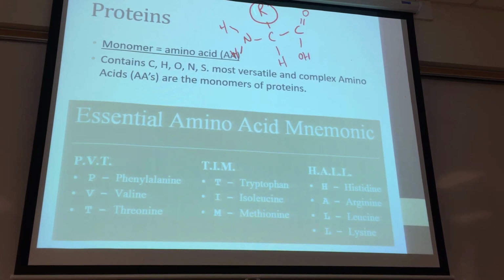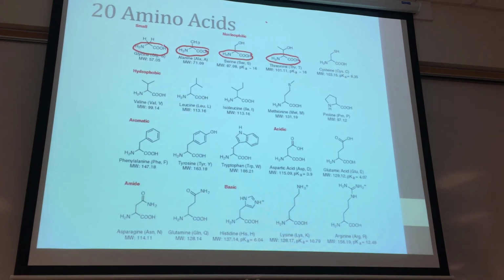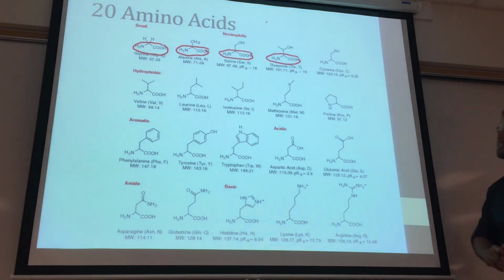This is the question of what attaches to that amino acid. That's going to define what type of amino acid it is. And you can see a bunch on here. You'll see glycine, alanine, serine, threonine, cysteine, valine, leucine. You go through all of these. Tyrosine, aspartic acid, glutamic acid. You'll see a bunch that we do produce.